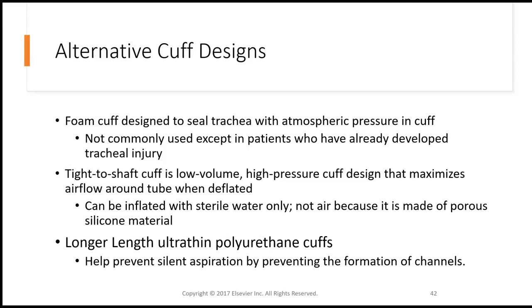These are often the design of tracheostomy tubes, especially because we deflate the cuff in tracheostomy tubes a lot so that the patient can breathe around it and speak, and as a way of trying to decannulate the patient. So these are used more in those types of situations.